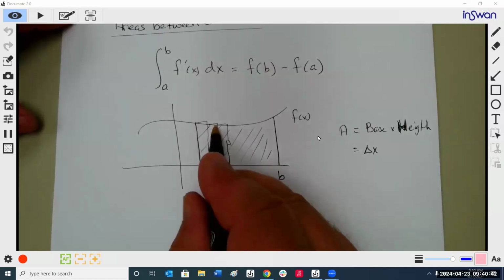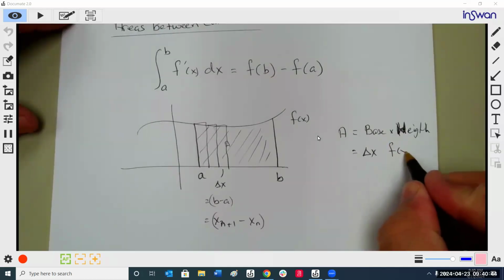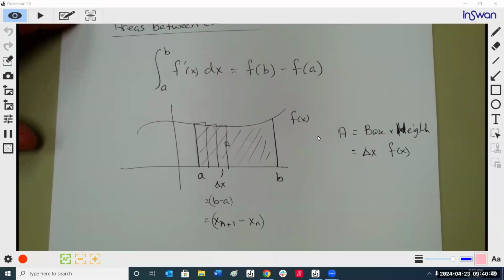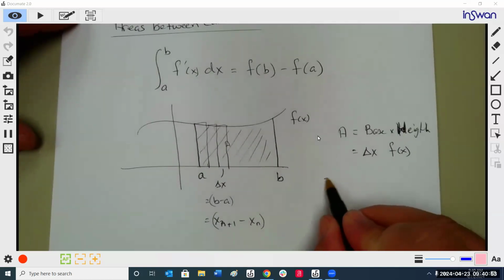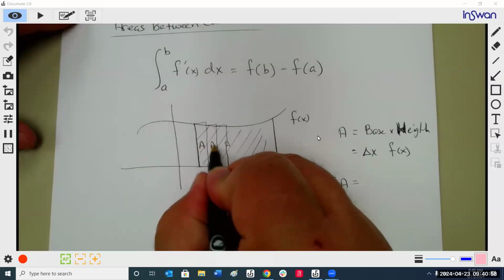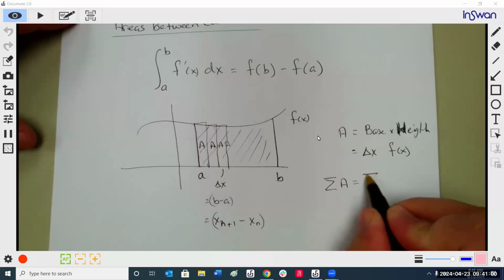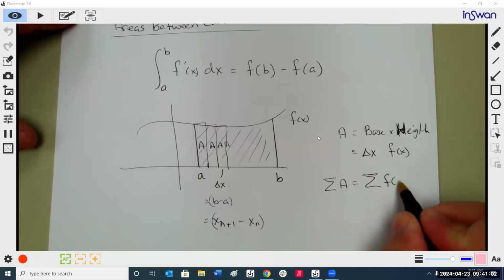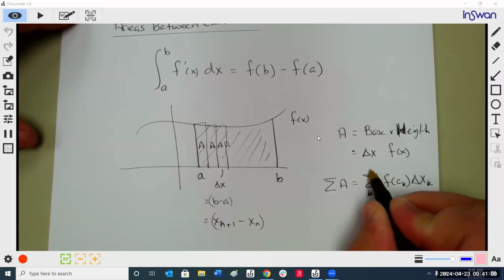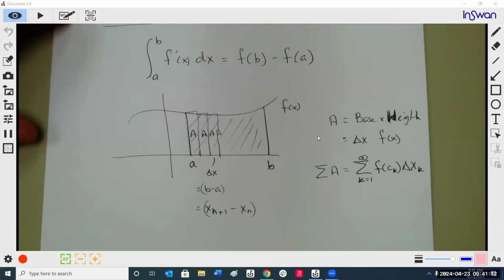The height is the function itself. That's the area of each one of these. So what we have to do is add up all these small area rectangles and add them all up.